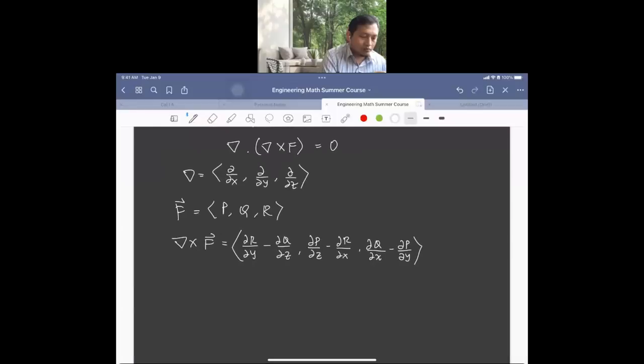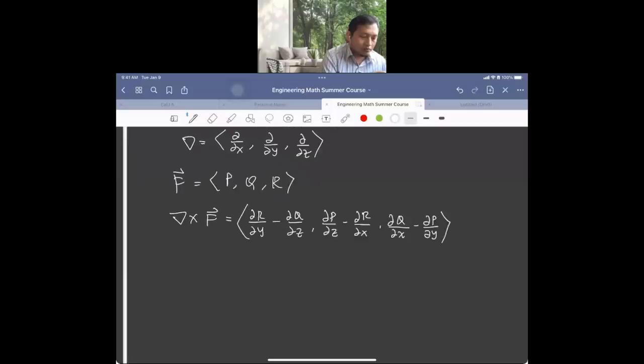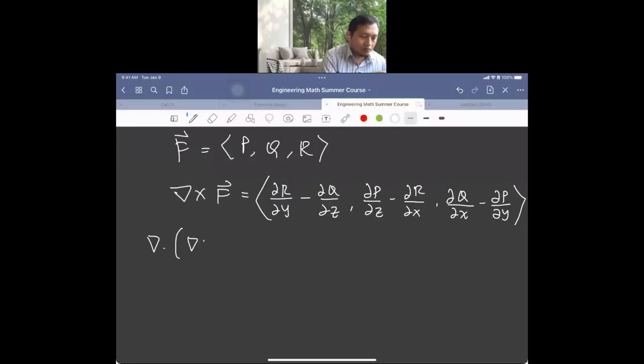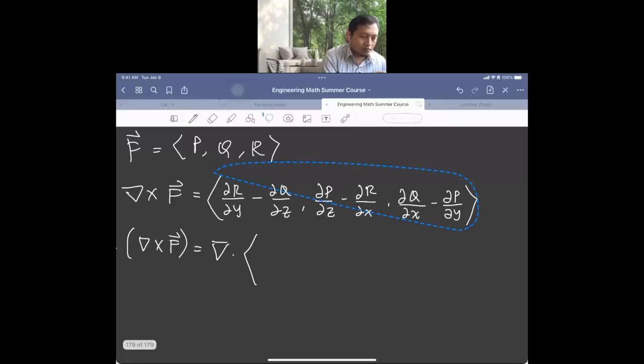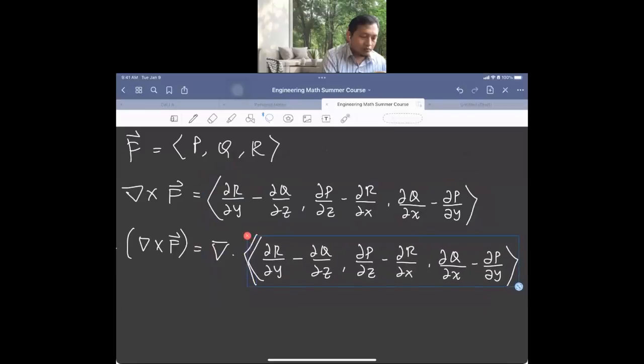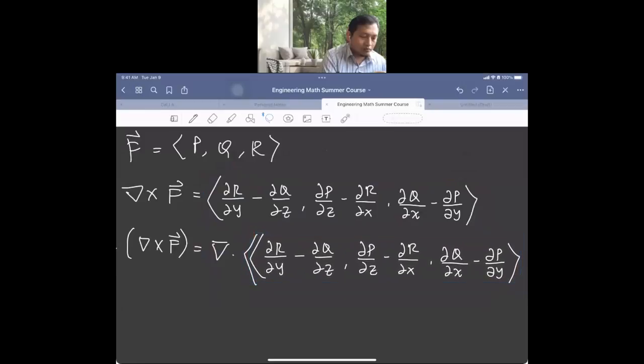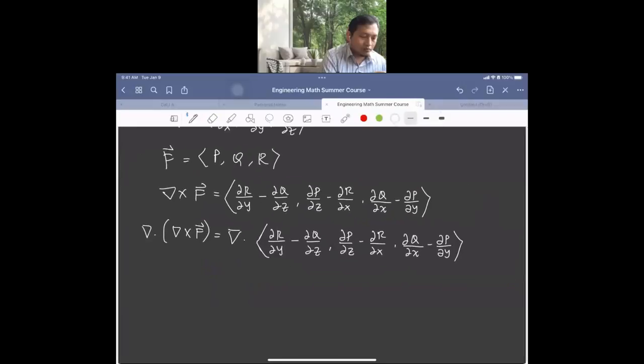Okay, that's our del cross f, as we get the result from the previous pages. So we take the del and then dot with the del cross f. So del dot all these terms here. Let me just copy and put them here.